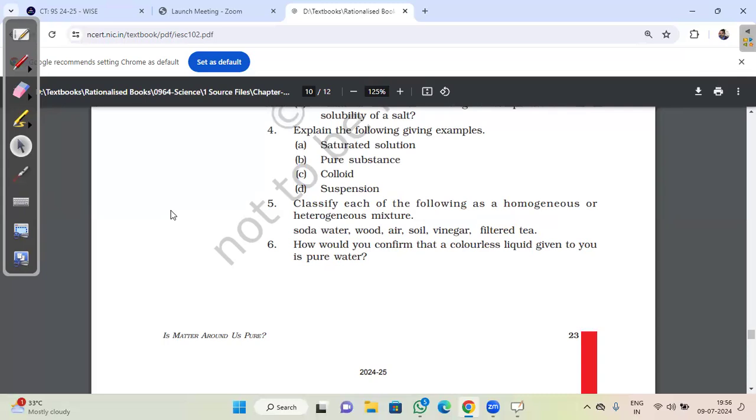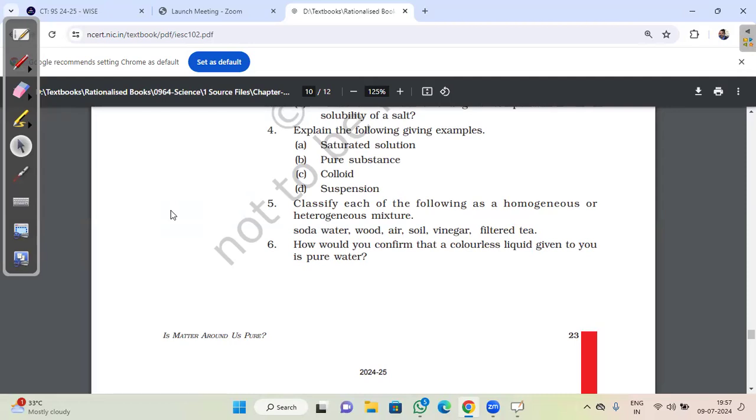Use your brains and see how you can tell that the liquid given to you is pure water. Pure water will not show the Tyndall effect.